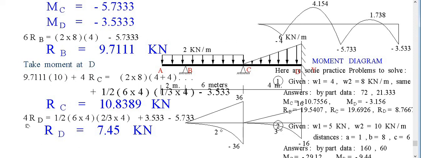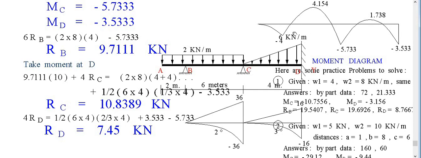Okay, solving for RD. RD times 4 is equal to opposite direction 1/2 6 by 4, 6 by 4. Distance from C is 2/3 of 4.